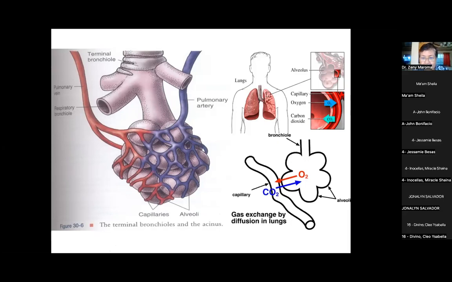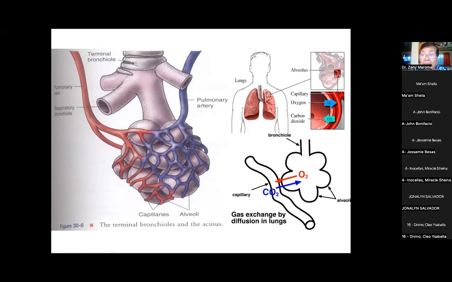So, therefore, magkakaroon ngayon ng exchange of gases. There will now be exchange of gases between alveoli and pulmonary capillary bed. Oxygen will go to the pulmonary capillary, while carbon dioxide will go from the pulmonary capillary to the alveoli.